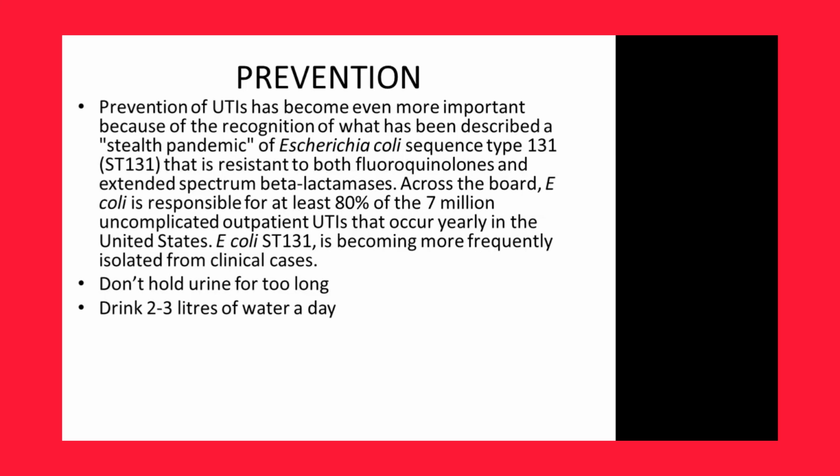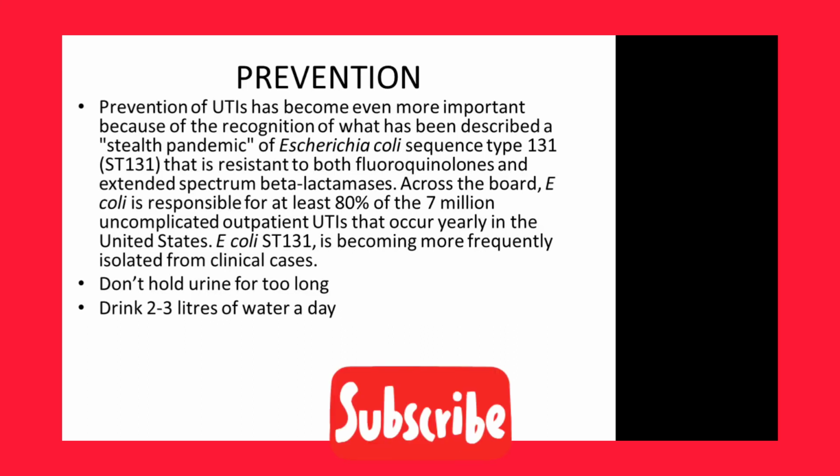Then you drink enough water, 2 to 3 liters of water a day, which will not allow your urine to concentrate, and you'll be able to wash away these contaminants that, especially for women, are around the vagina, because of the proximity of the anal region, the vagina, and the urethra.